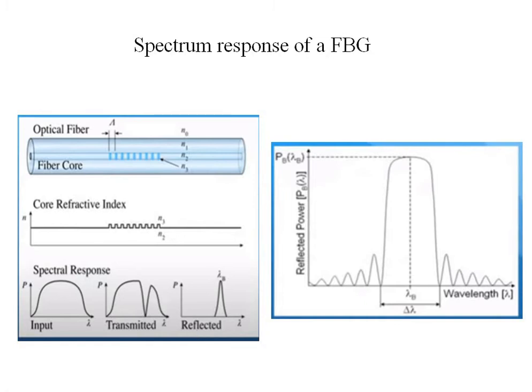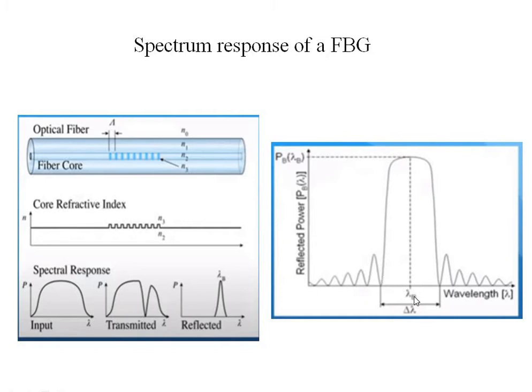The Bragg grating wavelength, given by lambda b, is the central wavelength that is reflected back by the FBG, and it can be calculated using the equation lambda b equals 2 lambda n effective, where n effective is the effective refractive index.